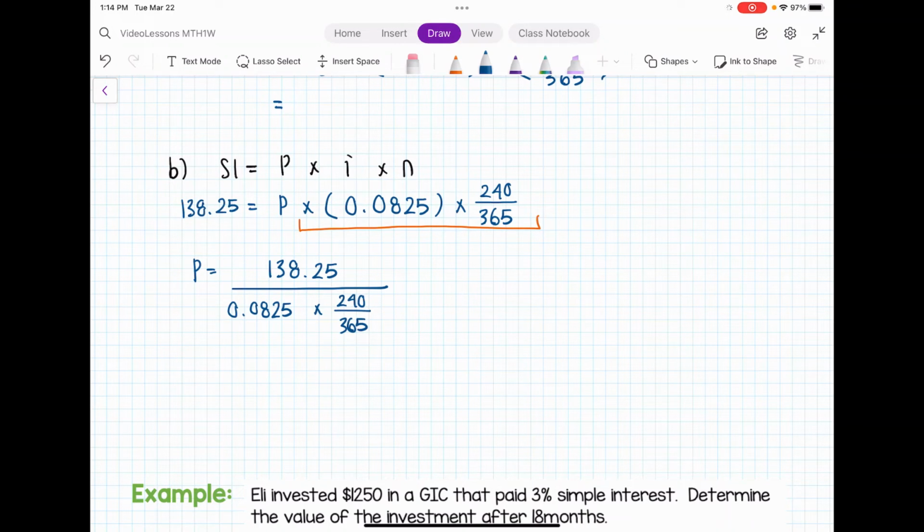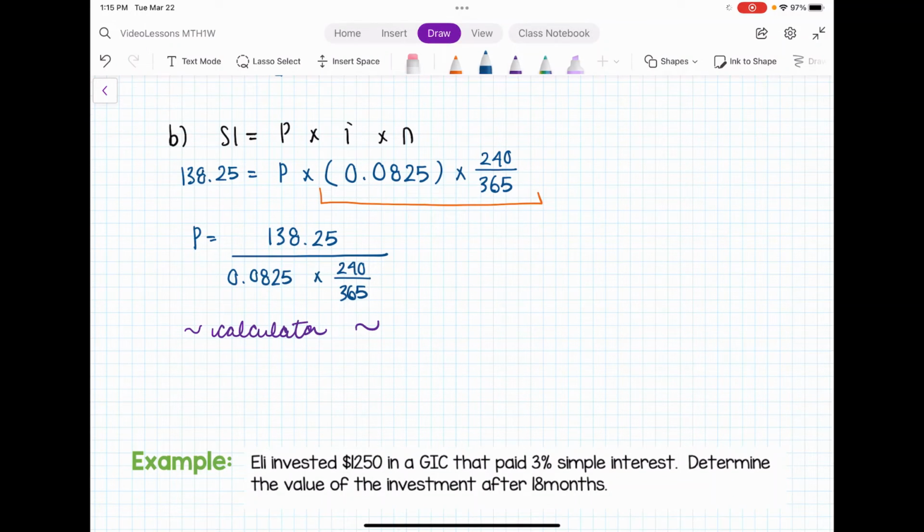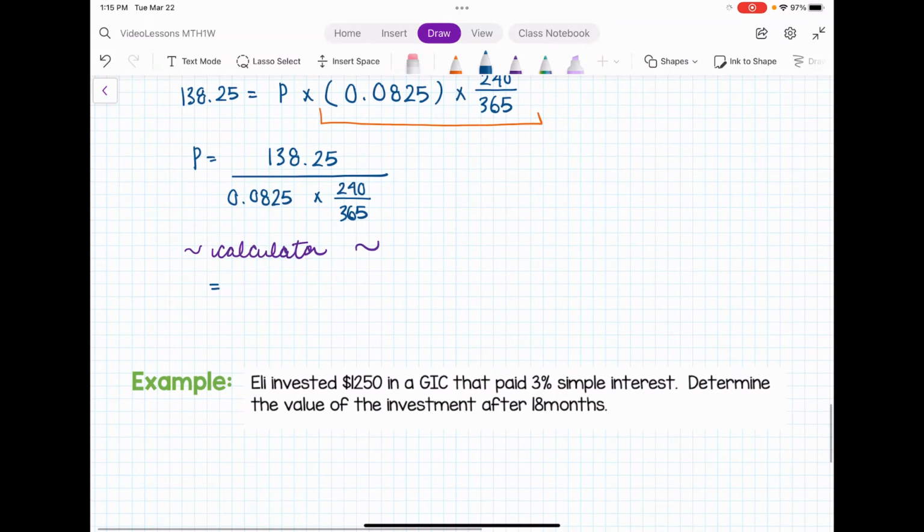And if you have the right calculator, you can do this. This can go right into your calculator as it should. There shouldn't be halfway calculations. You shouldn't be working this part out first and then rounding it, because if you keep rounding and rounding as you go, then you lose your true solution because you've rounded too many times. So from here, you're just going to use your calculator and you are going to give me the answer to that question. Okay?